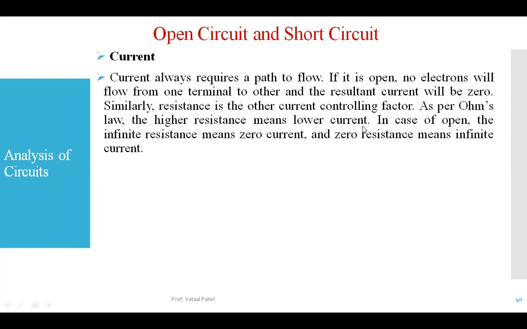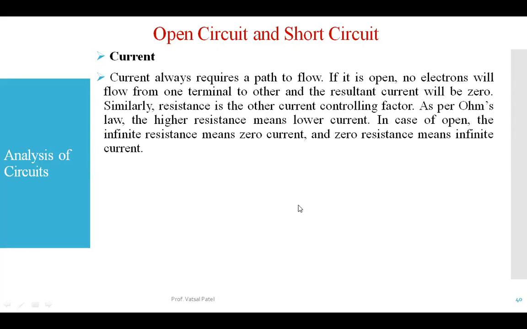If there is an open circuit, there will be no electron flow from one terminal to the other terminal. That means the resultant value of the current will be zero. Similarly, resistance is the other current controlling factor. As per Ohm's law, whenever you have a higher resistance, you will get a lower value of the current.